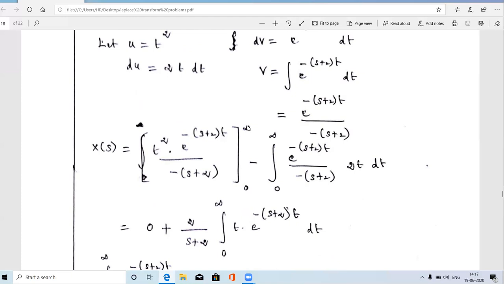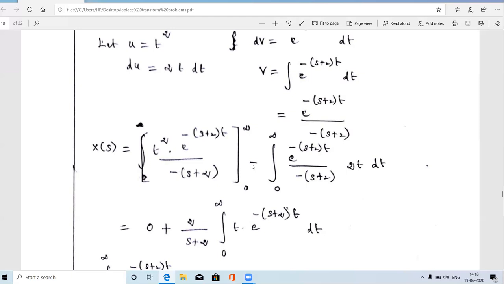If we substitute infinity, t squared into e power minus infinity gives 0. So the upper limit gives 0. If we substitute the lower limit t equal to 0, the entire answer becomes 0. So both the upper and lower limit contributions are 0.